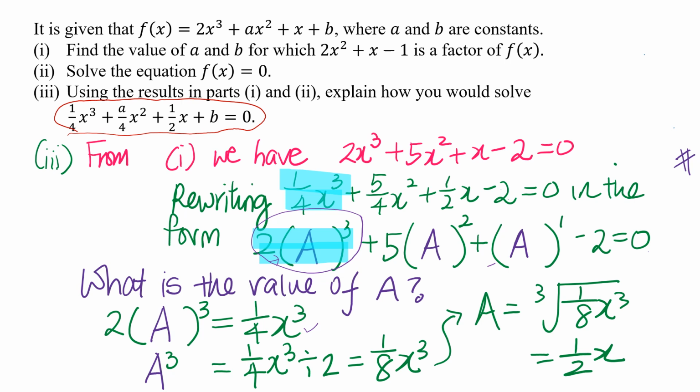Right, so in part 2, we have found the values of x. But since I've replaced the letter x with a, the values of x we found in part 2 are the values of a, which are half, -1, and -2.